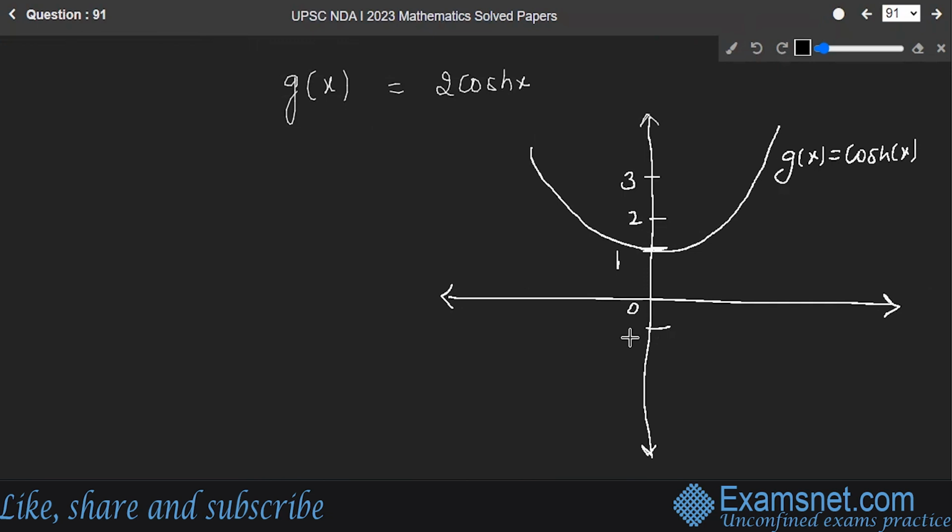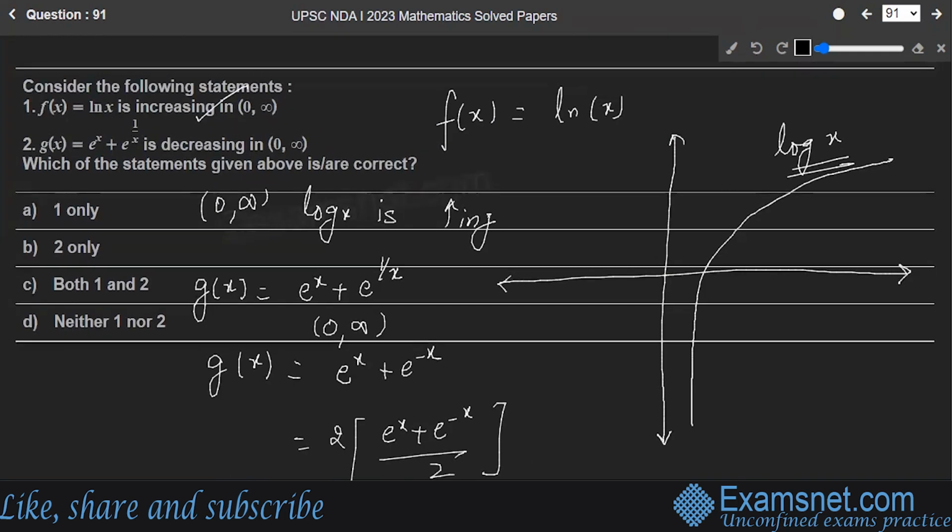This is 0, -1, and so on. -1, -2, -3, and so on. From this graph, it is clear that cosh x is increasing from 0 to infinity. That means statement 2 is incorrect. It is said it's decreasing, but actually it is increasing. So only 1 is the correct statement. Option A is correct, right?